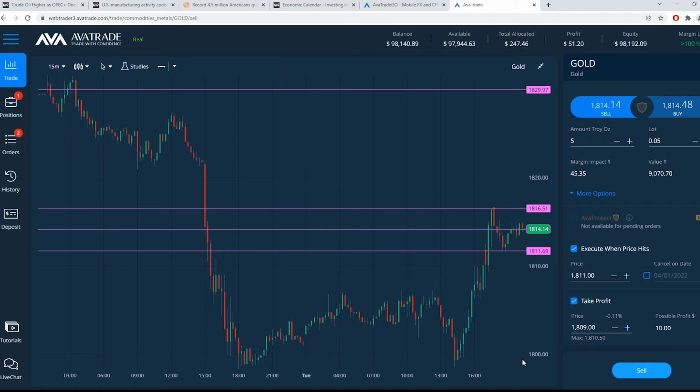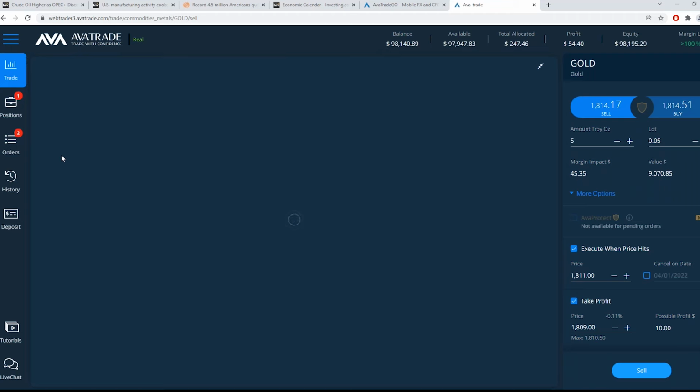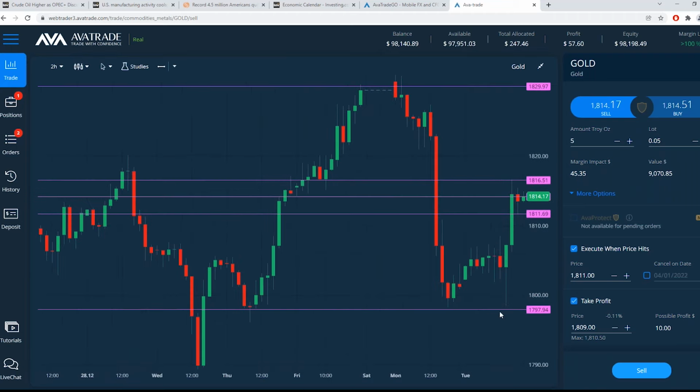So let's say, and let's go to larger candles so we can see it better. 2-hour candles. There's the support level we drew at 1797. So let's say at 1798 and a half. 1798.5.